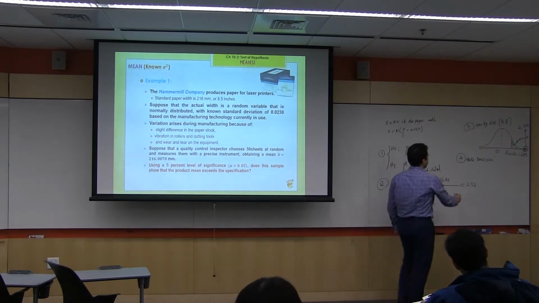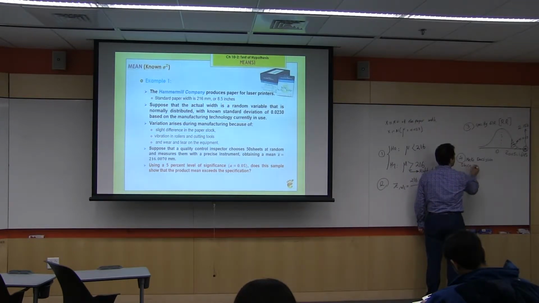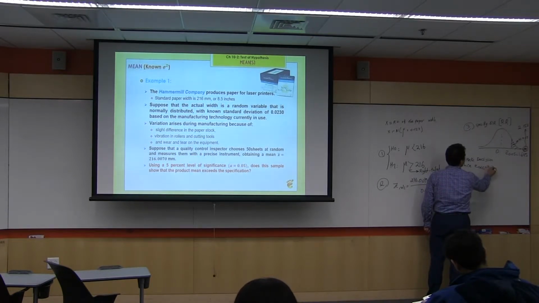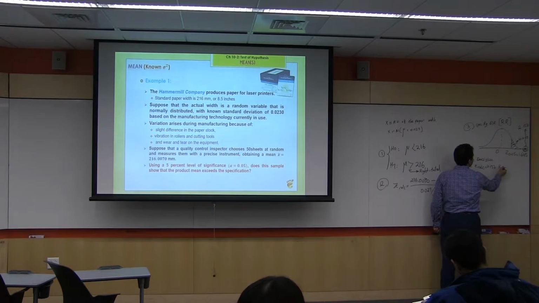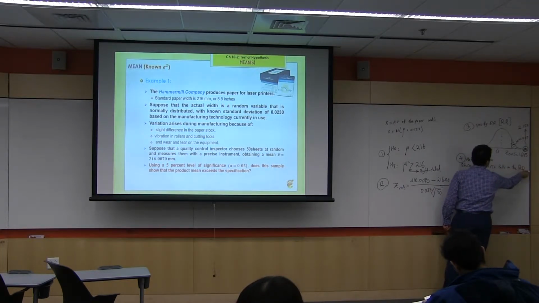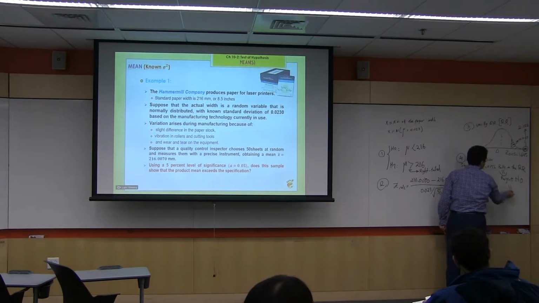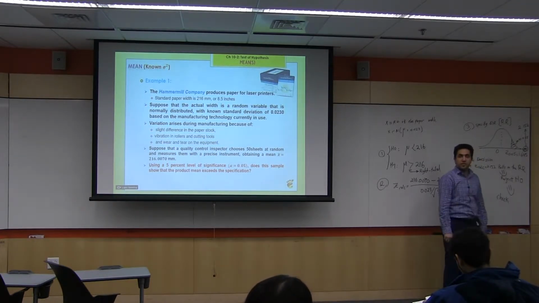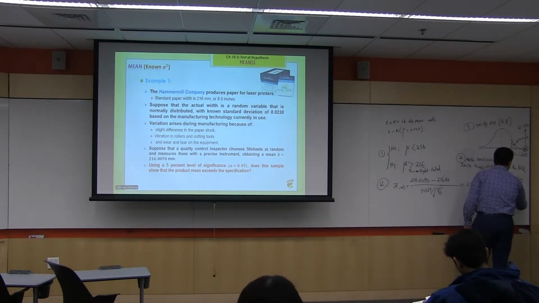So we're going to say since z-calc equals 2.152 falls in the rejection region, the conclusion is what? Reject null, meaning what? The paper does not meet the specification, and we need to check the processes and take action.